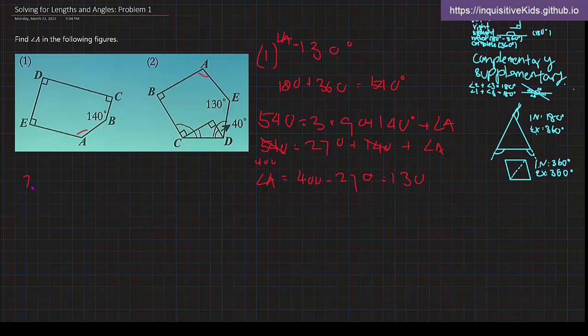Now for problem 2, it's a little different because we have another angle right here. So let's first think about where is angle A. It's right here. And we just went over, so for the last problem, we had to first find the rule for the polygon's interior angle sum.